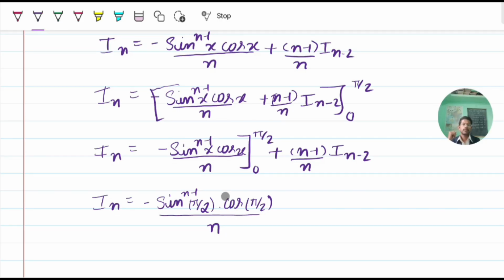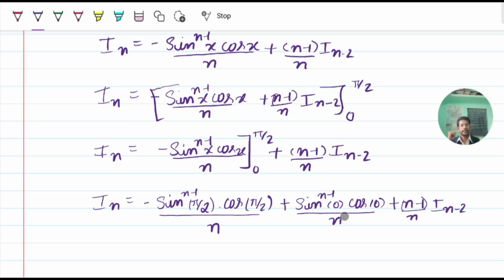According to the formula we have minus here, so minus into minus is plus: plus sine power n minus 1 of 0 into cos 0 divided by n, plus the remaining part as it is, n minus 1 divided by n into I_n minus 2. Did you understand?